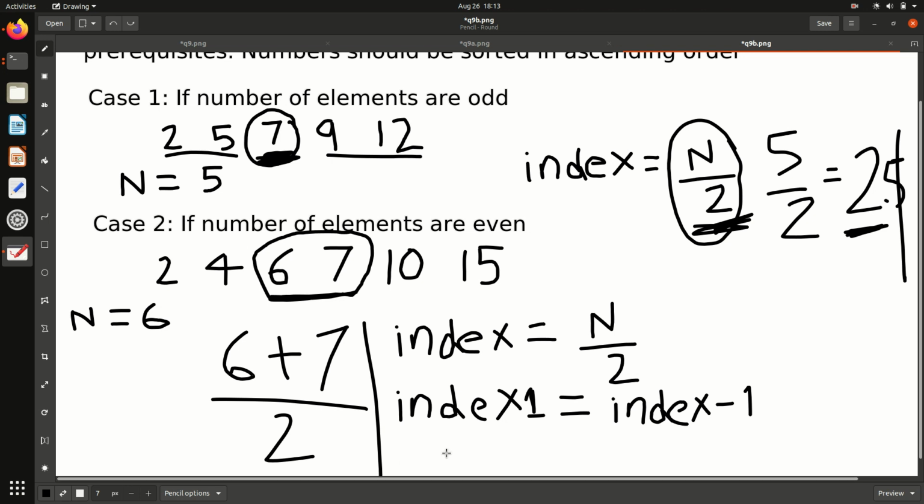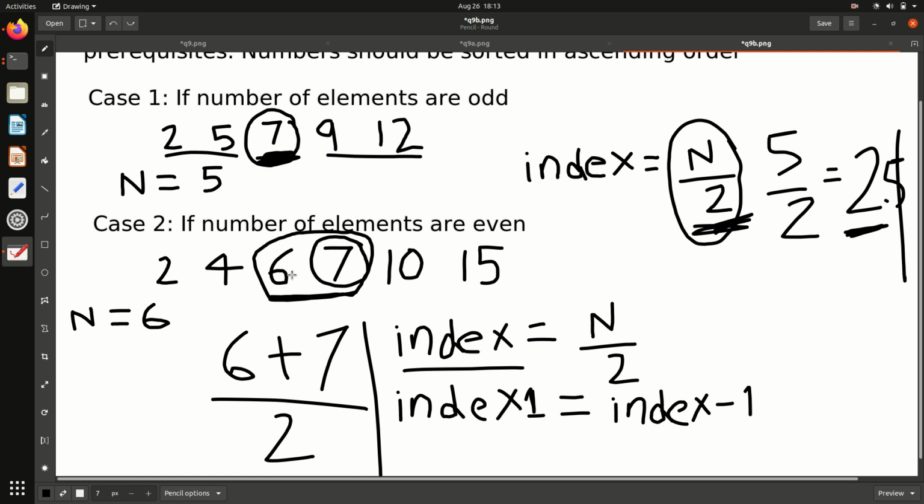So the code is like this. At first we have to find the index. So index will be just n by 2. The moment you do n by 2, 6 by 2 will be 3, and 3 is this index: 0, 1, 2, 3. So this number we got.